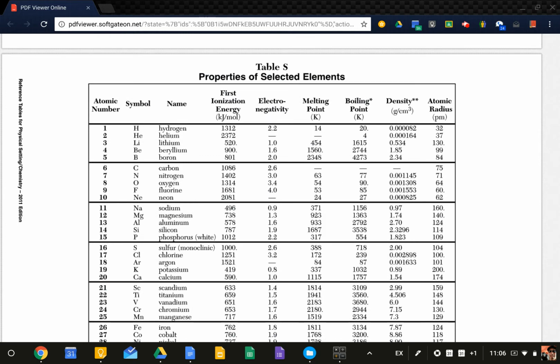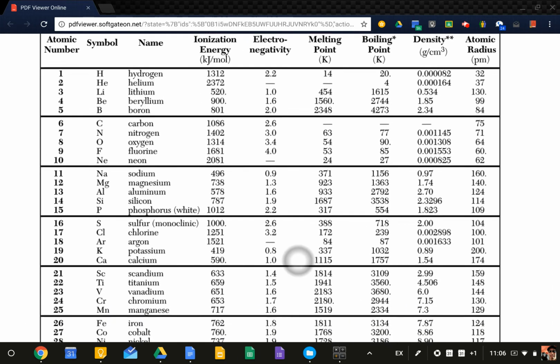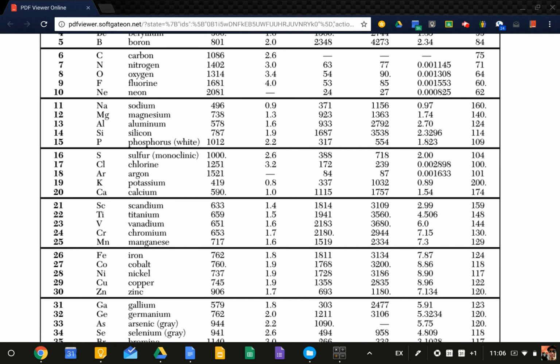If we look up the electronegativity for sodium, sodium's electronegativity is 0.9. And chlorine's electronegativity is 3.2.